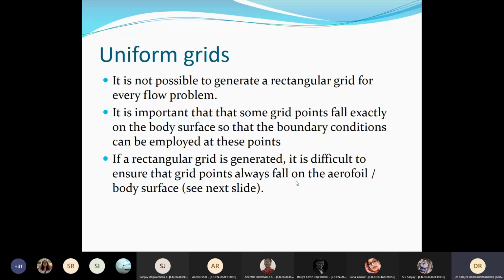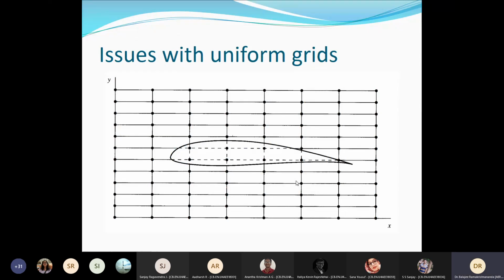So if a rectangular grid is generated, it is difficult to ensure that the grid points always fall on the aerofoil or body surface. This shows an aerofoil around which somebody has chosen a rectangular grid. But some of the points fall inside the aerofoil, and exactly on the aerofoil, none of the points are there.